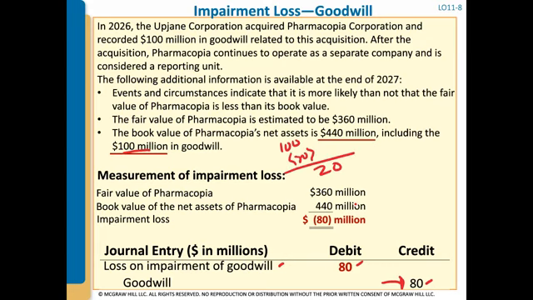So the next year, when you're looking at your goodwill balance, you only have $20 million left. Just keep in mind that in year 2, when you're comparing your impairment loss to the total goodwill, it's the book value of goodwill, which in year 2 is going to be $20 million.